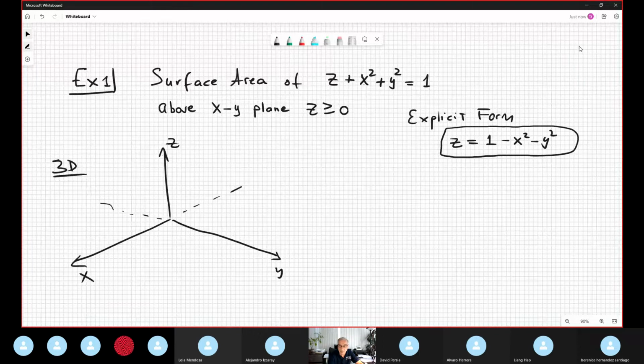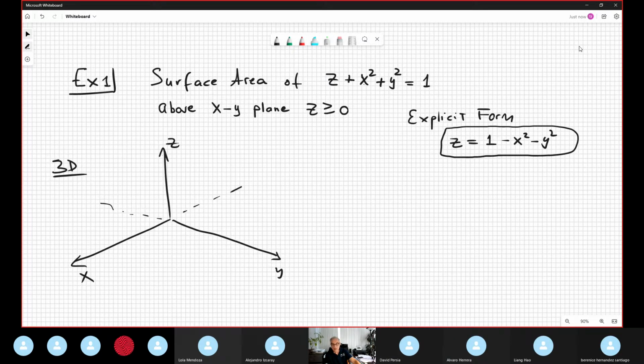Okay. No variable missing: z, x, and y. But x and y are squared and z is not squared. On the right hand side it is not 0, it is 1, in the original equation. Elliptic paraboloid. Yeah, you are right.